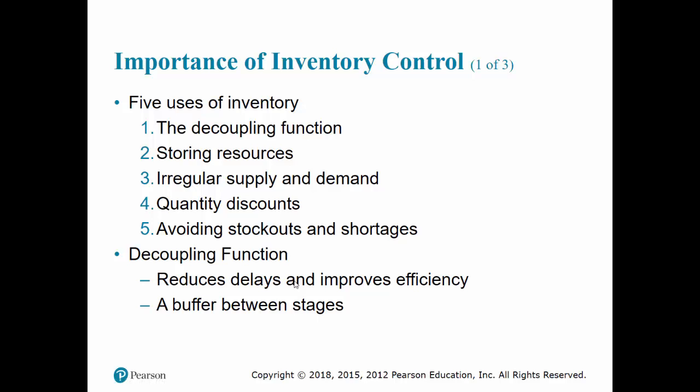So if a supplier machine breaks down, the downstream machines need not shut down because there are no parts coming in, if you have buffer stock in between. While the upstream process gets maintained, the downstream process will have enough supplies to keep working, and that's what is meant by the decoupling function.